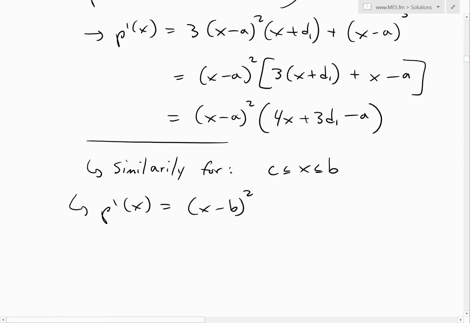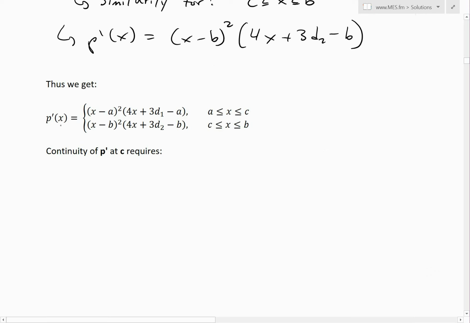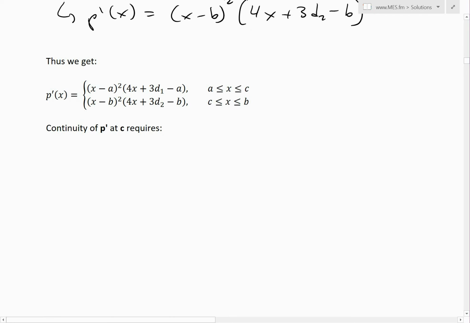So the only thing that's different is there's a b, and now there's 4x plus 3d2 instead of the d1 minus, and now instead of minus a, we minus b, because all we're doing is just switching the variables. That's all it is. And thus when we put it together, we get the first derivative equals 2 x minus a squared, 4x plus 3d1 minus a. This is for a to c. And then from c to b, that's just going to be b, and there's a d2. That's the only difference.